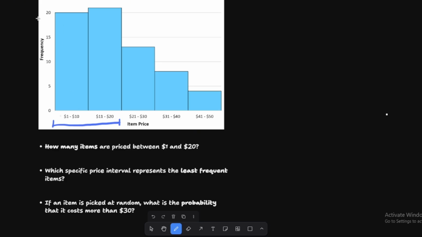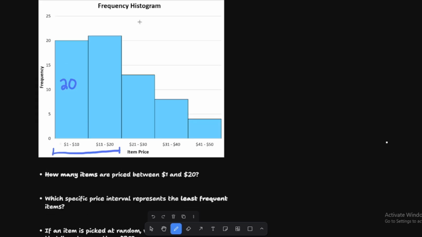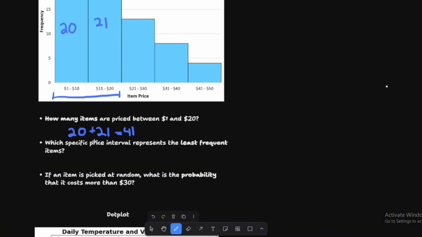Now we're going to be looking at the frequencies of each part. So this frequency is going to be 20, as you can see, since it goes up here. And then up here it would probably be around 21. So we're just going to say the 21, and then we'll add them up to figure out how many items are in it. So that would be 41 items.